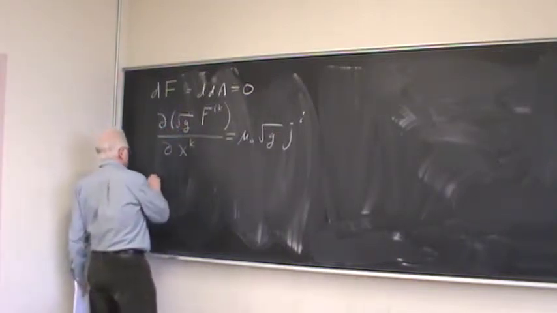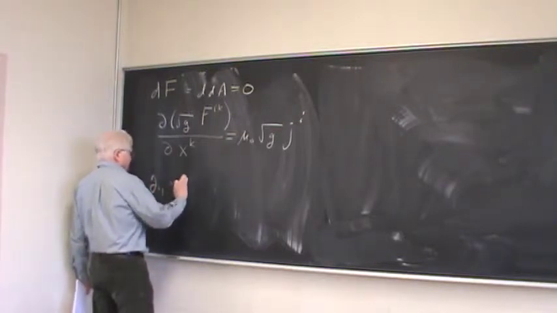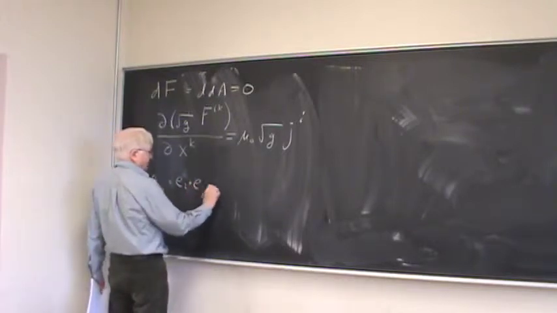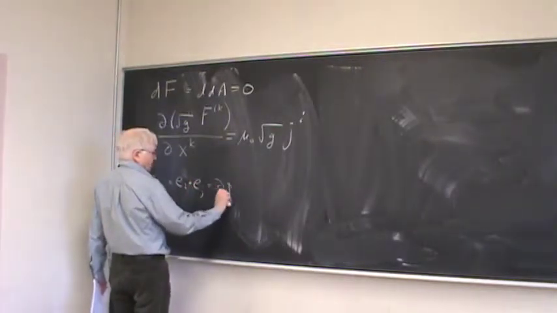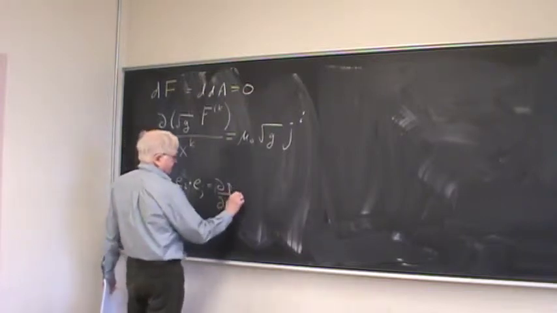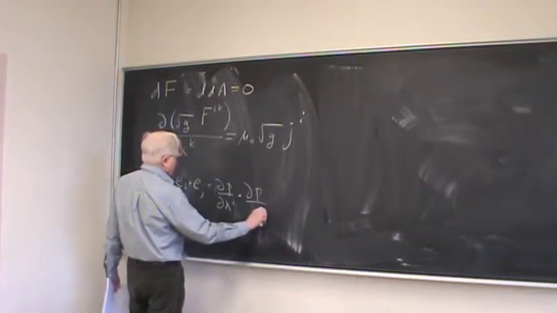That is to say, G_ij is e_i dot e_j, or equivalently it's the partial of the point with respect to x^i, dotted into the partial of the point with respect to x^j.